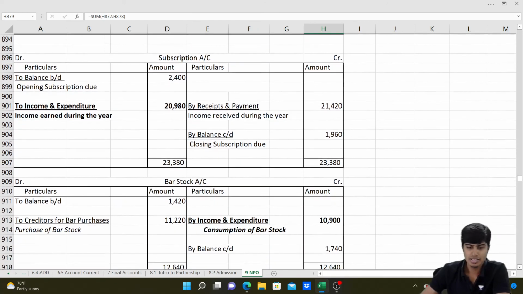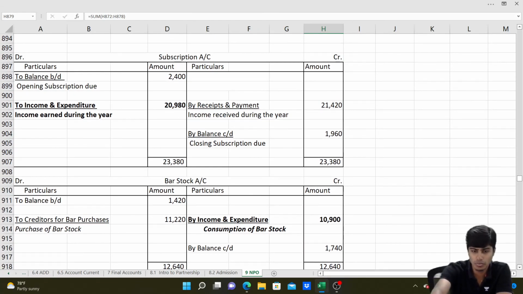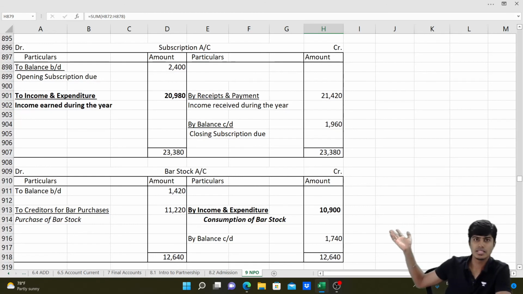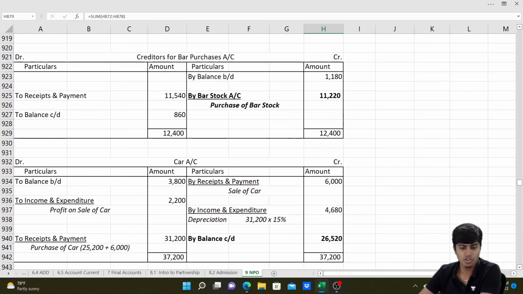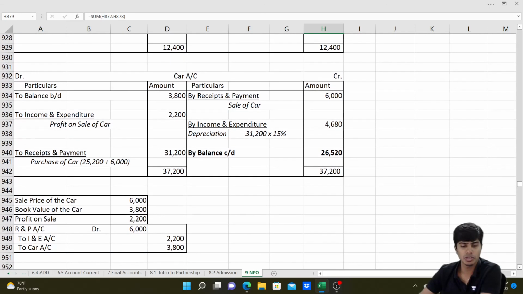And next, subscription account and bar stock account. After this, we have creditors for bar purchase and car account. And lastly, that small working note on car account.